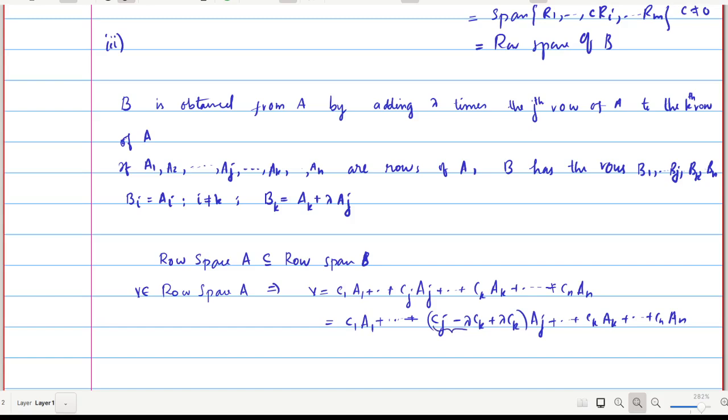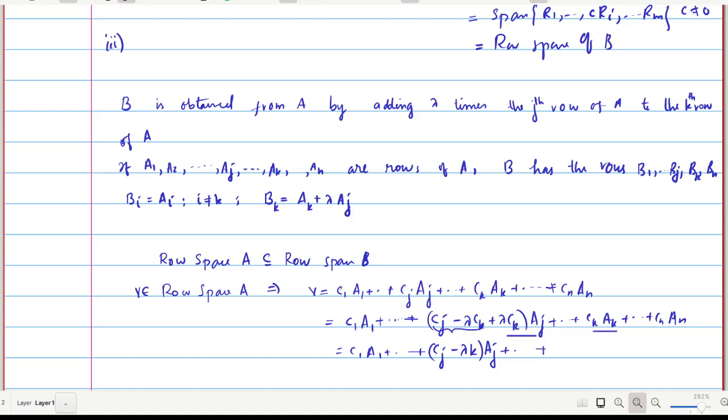In the jth position we have Cj minus lambda Ck times Aj, and the remaining lambda Ck times Aj, so that we incorporate with this one. That means we combine these things.